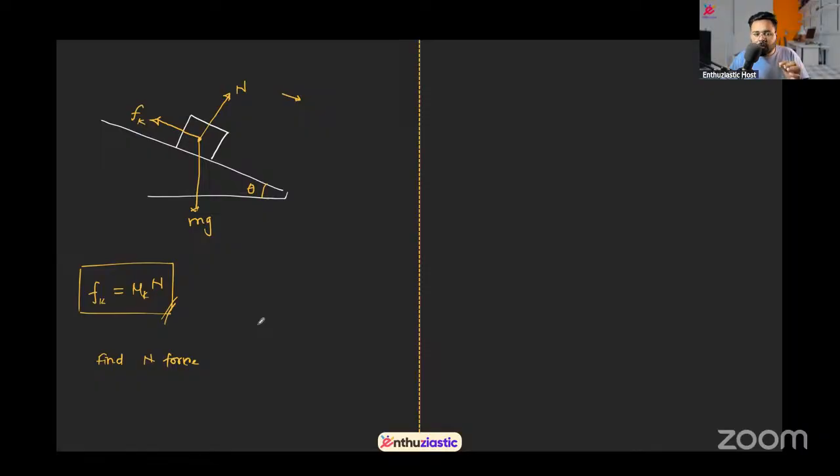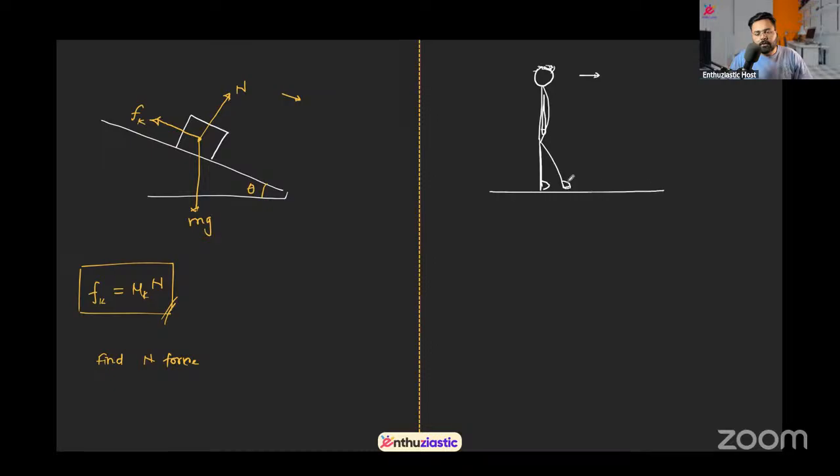Before going to that part, I want to ask you one question. This is a man that I'm drawing, or basically any person, and this person is moving in the forward direction. This is his hand, beautiful hair. He's moving to the right, this way, and this is the ground.